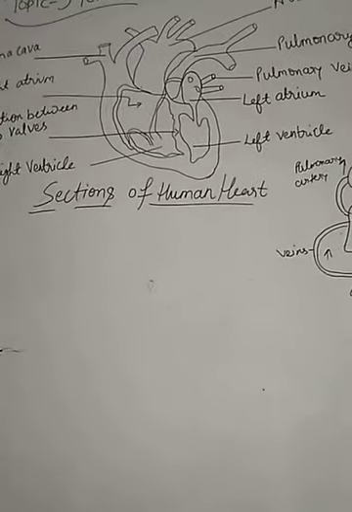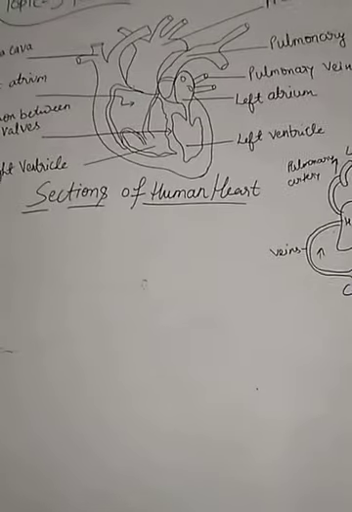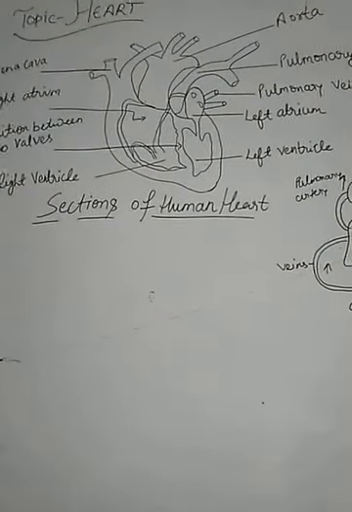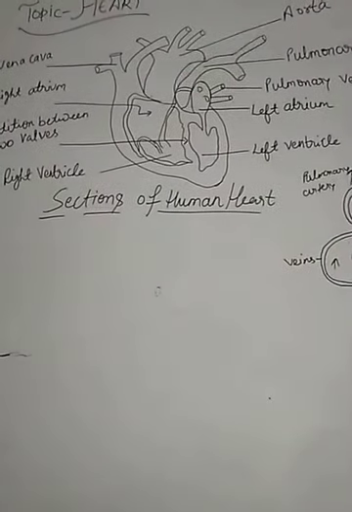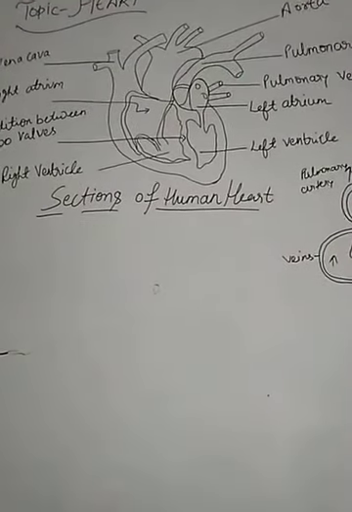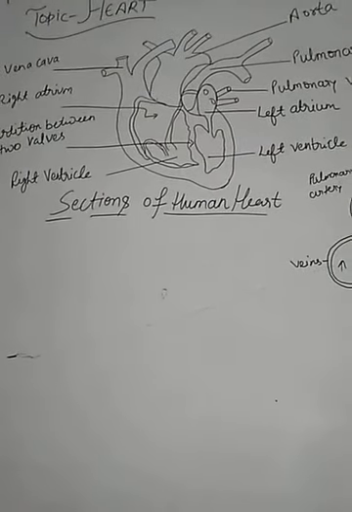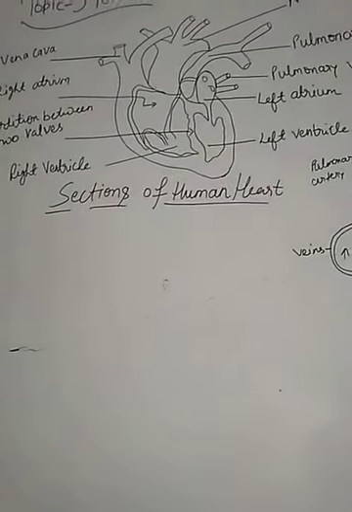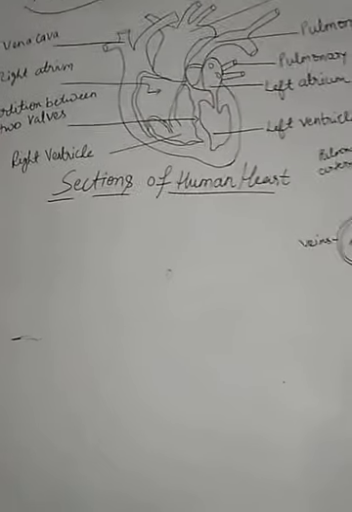Children, you all know that of the arteries and the veins, one carries oxygenated blood from the lungs to the heart, and then this oxygenated blood is carried throughout the body with the help of arteries, and the deoxygenated blood is sent back to the lungs with the help of the veins.